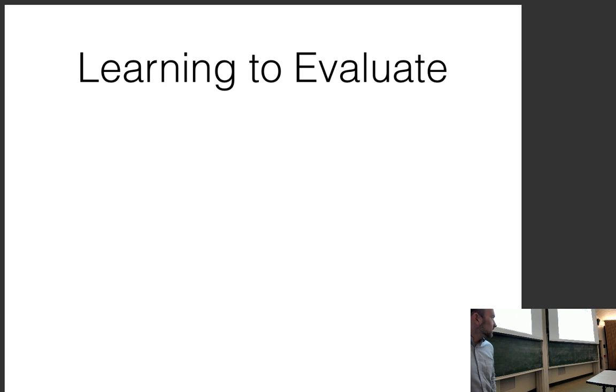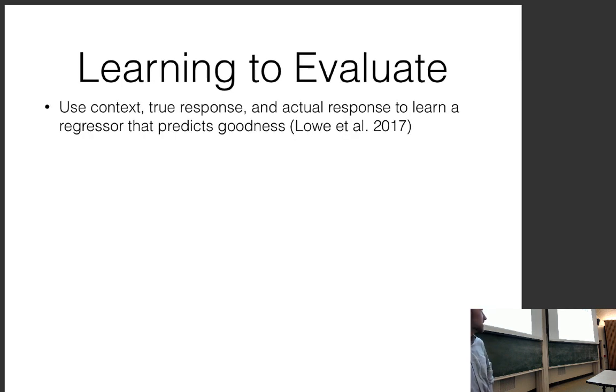Okay. So one way to get around this is learning to evaluate. So basically the idea is to use the context, the true responses, and the actual response to learn a regressor that predicts goodness.